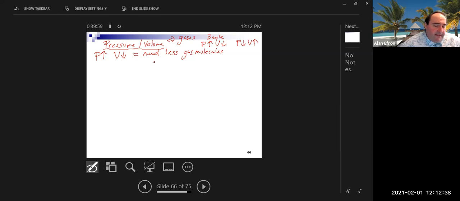So what will happen here is it will shift to whichever side has the least number of gas molecules in that situation. Obviously, that depends on the actual reaction you're looking at, as to, is the left-hand side more gas molecules, is the right-hand side more gas molecules. So it really is sort of reaction dependent as to which way that is.